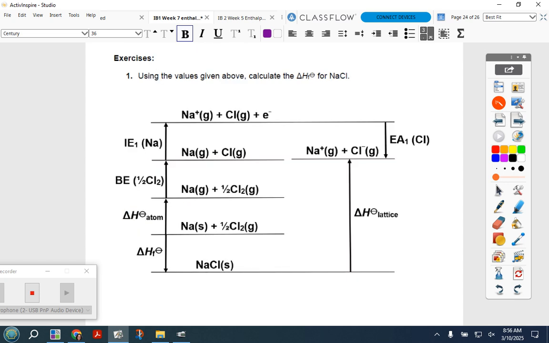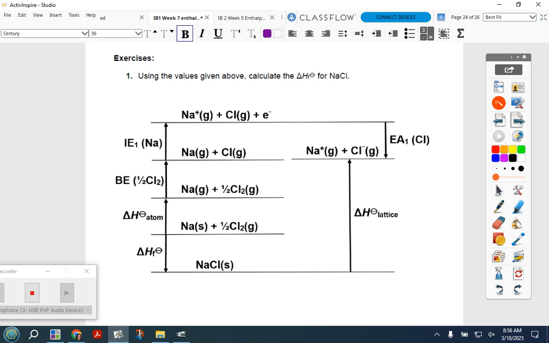Let's look at the diagram first, because I think it's easier to look at that than to read all the words and go through all the different parts. At the bottom here, we've got our solid sodium chloride. That's the lowest energy state that these two elements can be in together, so that's going to be at the bottom.